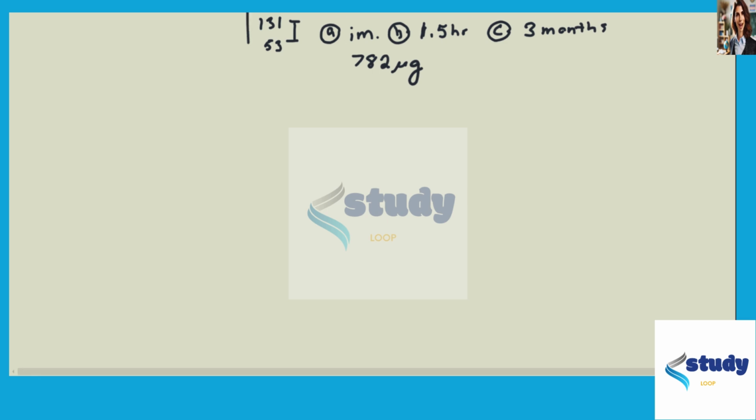And I'm just going to block this off so we know where it's at. Right now, we need to find N0 for this so we can complete the problem. And we have Avogadro's number, 6.023 times 10 to the 23rd per mole.